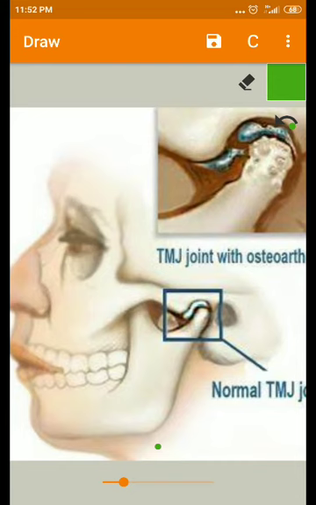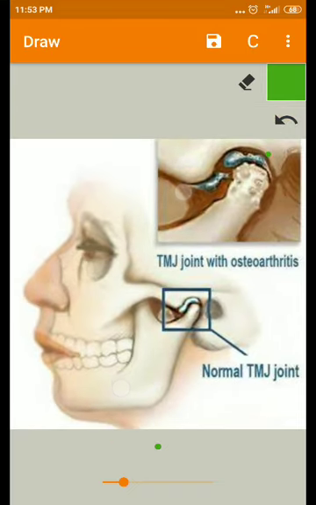Now, the temporomandibular joint which exhibits hypermobility or excessive motion is common, found with both symptomatic as well as asymptomatic. The hypermobility is a result of laxity of the joint capsules, and also the tendons and the ligaments.